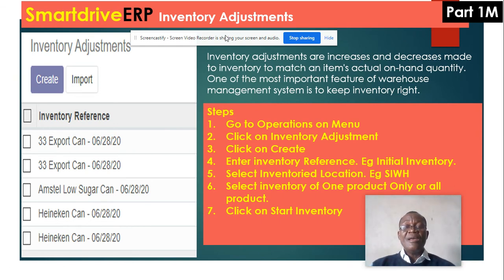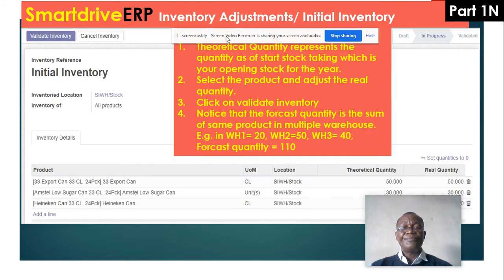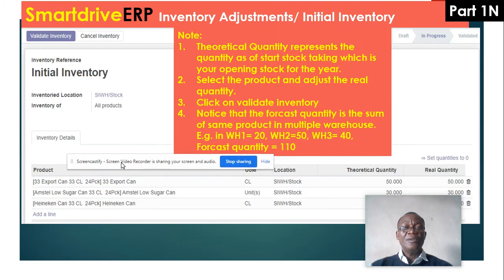Sometimes there may be reasons why certain numbers are not correct, and we use a process we call inventory adjustment to either increase or decrease inventory to make sure that what you have on hand actually matches the date that you did a reconciliation. So this is the process of doing inventory adjustment.